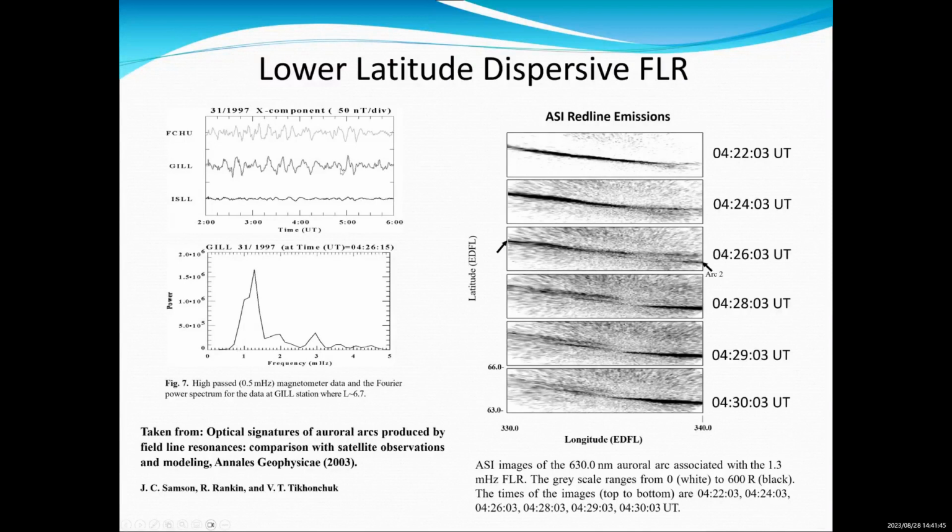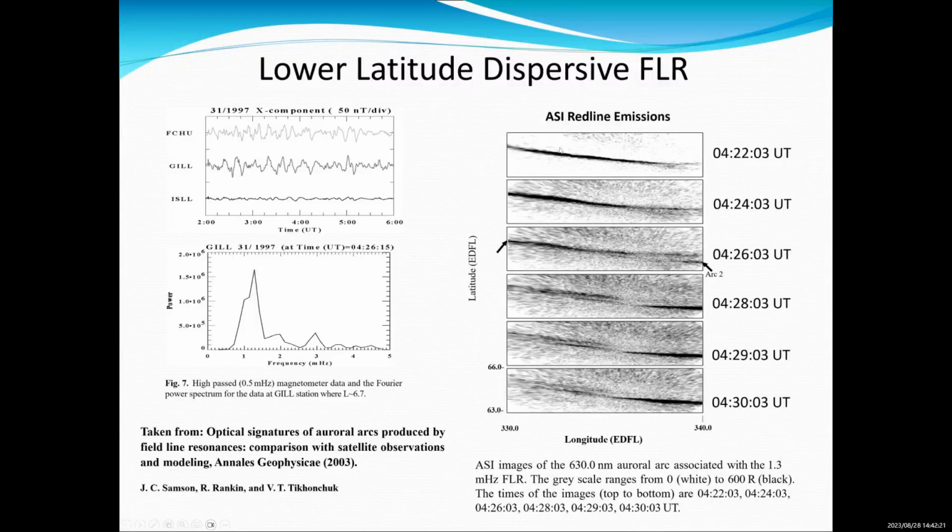This is on field lines that, if the field is dipolar, would map to geosynchronous orbit, roughly. One wouldn't expect a wave to have that lower frequency at L of 6.7. So this is an anomalously low frequency field line resonance for the latitude at which it's observed.